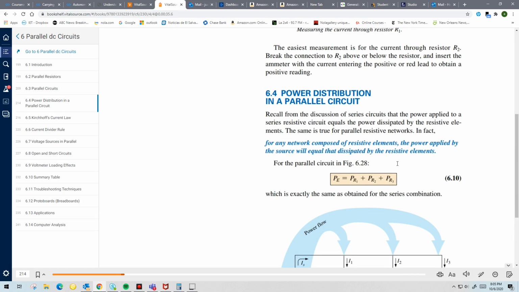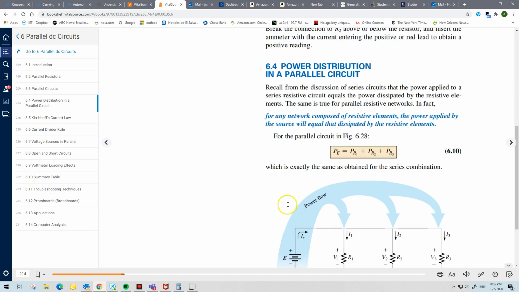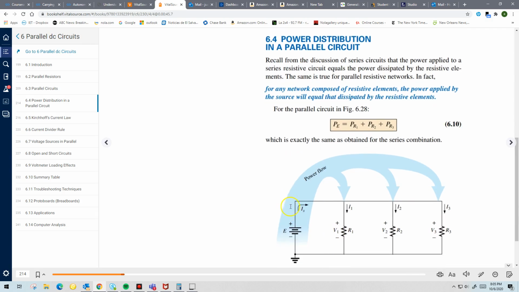It goes like this: for any network that has different resistive components, the power applied by the source is equal to the sum of the power dissipated by each of the resistances. So if this is the power flow, the power absorbed by these resistors, when you add them together, is equal to the power being supplied by the source. And that's what this equation says.